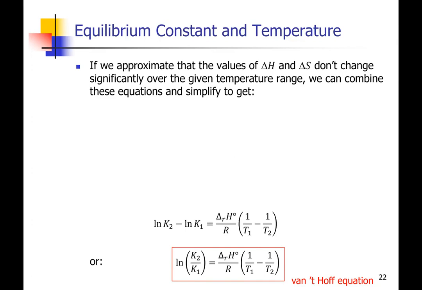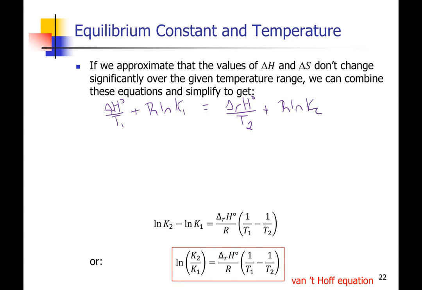And so that is going to give me enthalpy change for the reaction divided by the first temperature plus ideal gas constant times natural logarithm of the first equilibrium constant being equal to enthalpy change for the reaction divided by the second temperature plus ideal gas constant times natural logarithm of the second equilibrium constant.